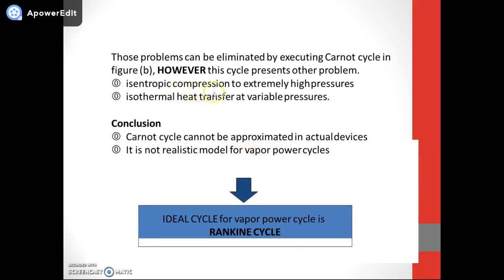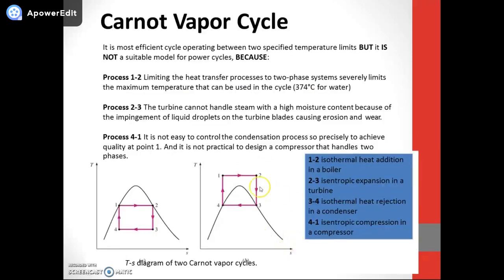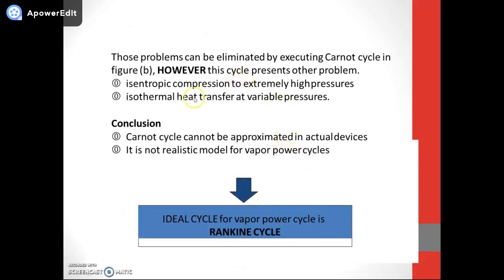We have isentropic compression to extremely high pressure if we still want to do this, because we want to make sure everything is still vapor. But in order to have this, we have problems: isentropic compression to extremely high pressure, and isothermal heat transfer at variable pressures, so it's hard to control. So the conclusion is that the Carnot cycle cannot be approximated in actual devices.